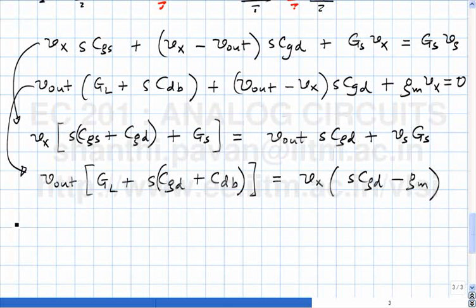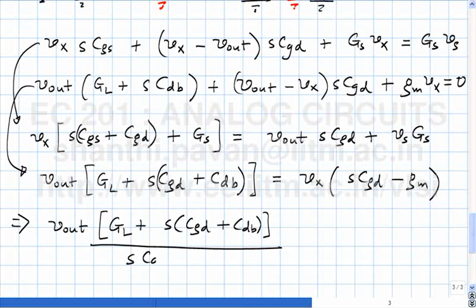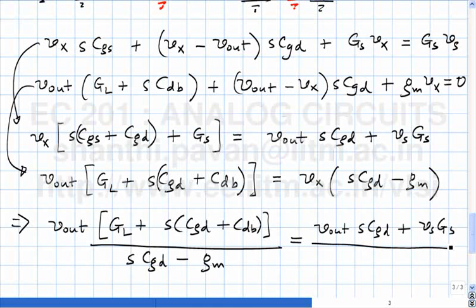So now all that we need to do is Vout times GL plus S times CGD plus CDB divided by SCGD minus GM must be equal to Vout times SCGD plus Vs times GS divided by S times CGS plus CGD plus GS.